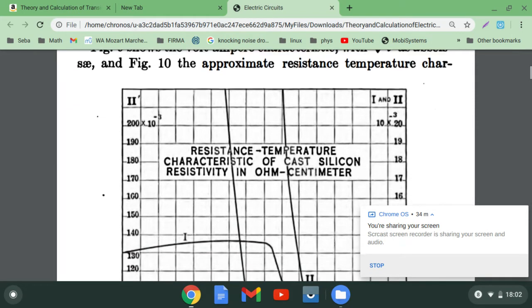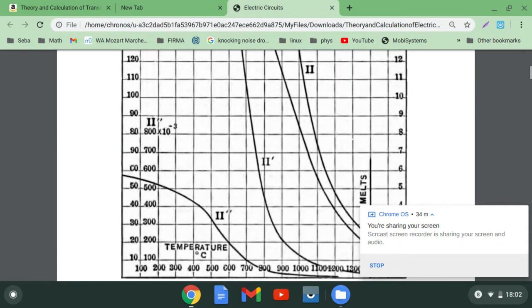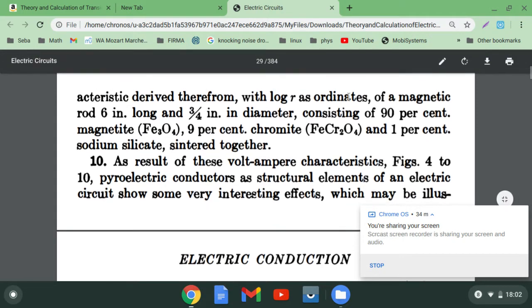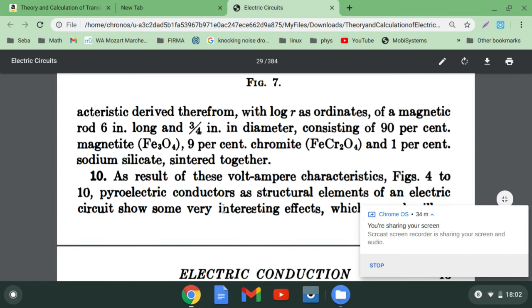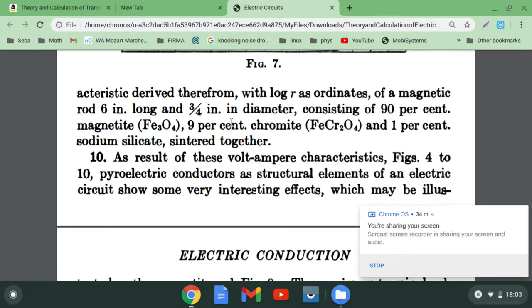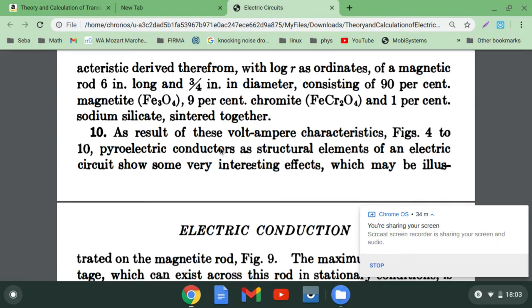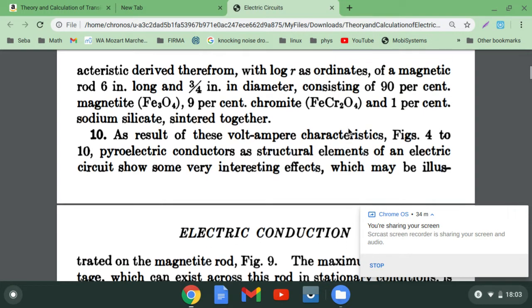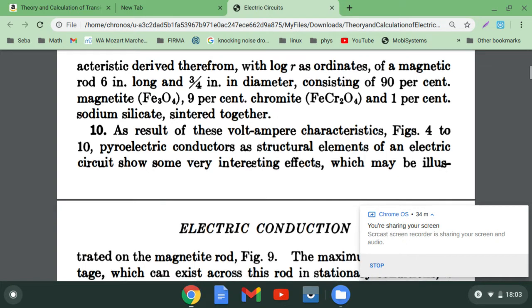In figure 10, the approximate resistance temperature characteristic derived therefrom with log R as ordinates, of a magnetite rod 6 inches long and 3/4 inch in diameter, consisting of 90% magnetite, Fe3O4, 9% chromite, FeCr2O4, and 1% sodium silicate sintered together.